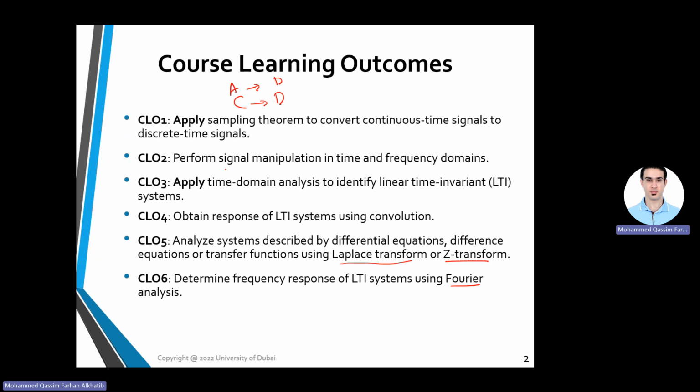Okay, and we will do a lot of signal manipulations in the form of shifting, scaling, time reversal, etc. So there are plenty of signal manipulation techniques that we can apply on the signal, both in time and frequency domain, but most of the focus will be in time, and we'll see their effect on frequency domain.